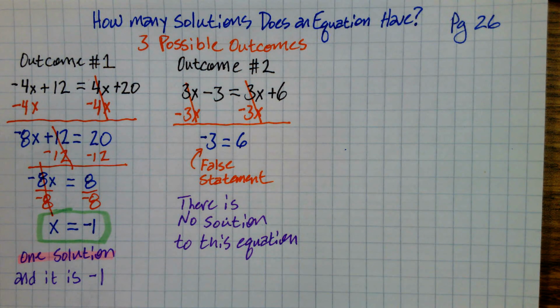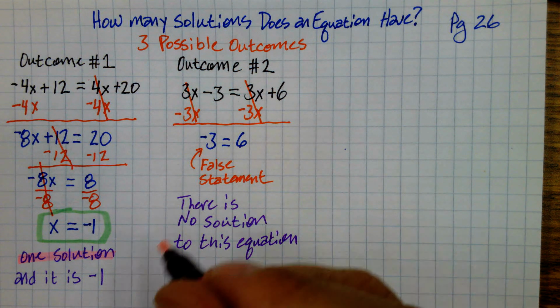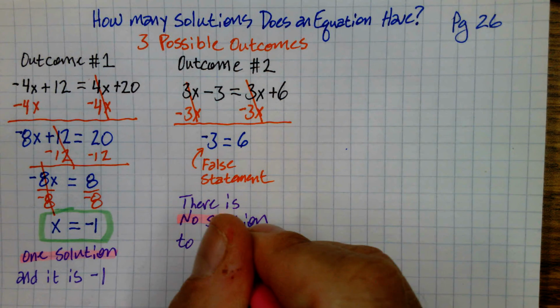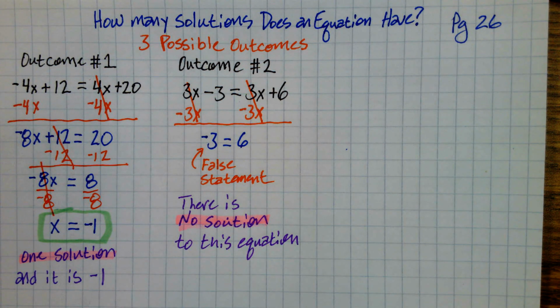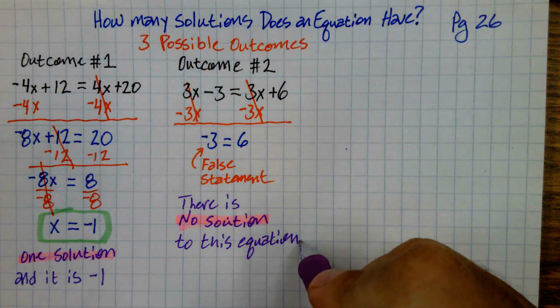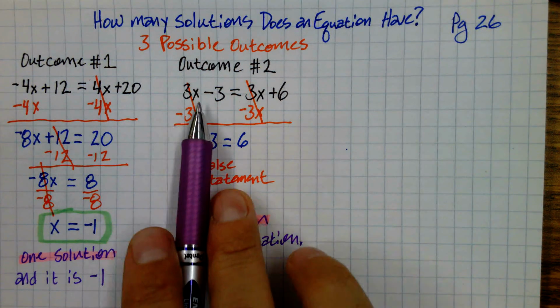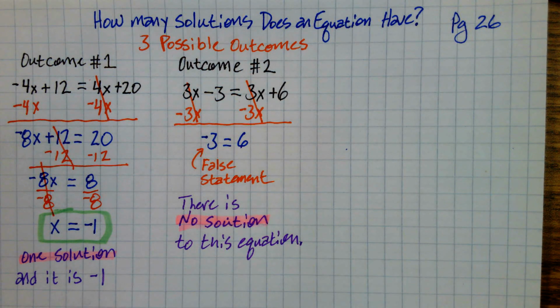No number exists that's going to work in this equation. Okay? The main thing here is no solution. There is no number that would work. You give me a number, we'll plug it in. It's not going to give me a true statement. Okay?